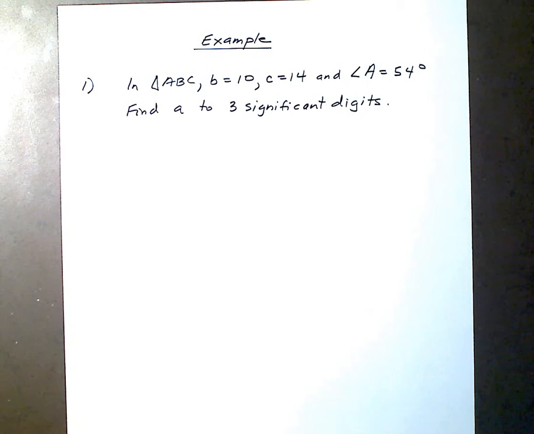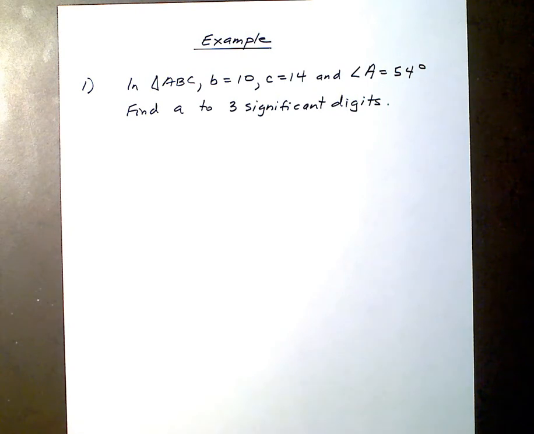The first example, here it is. Okay, example 1. In triangle ABC, B is 10, C is 14, and angle A is 54.